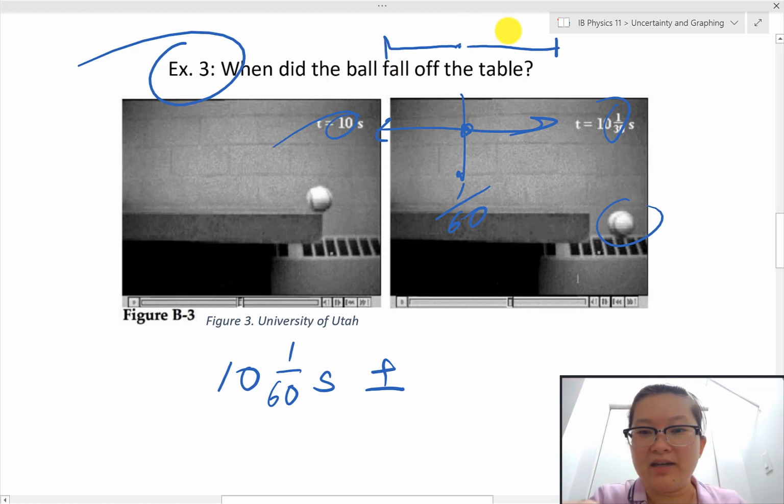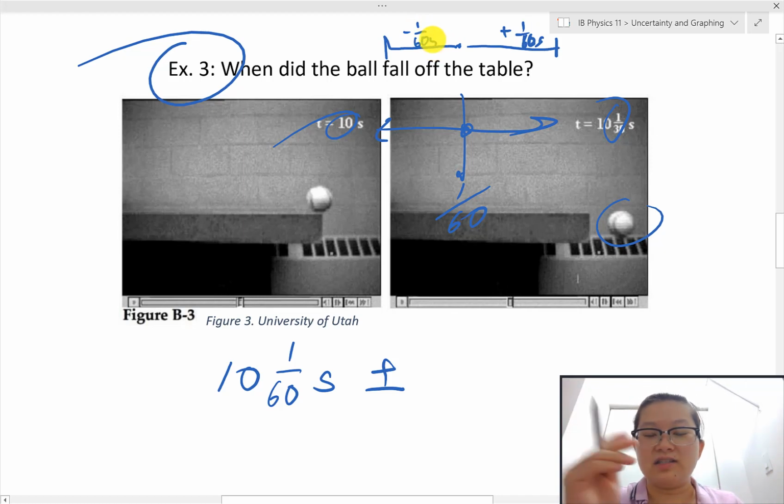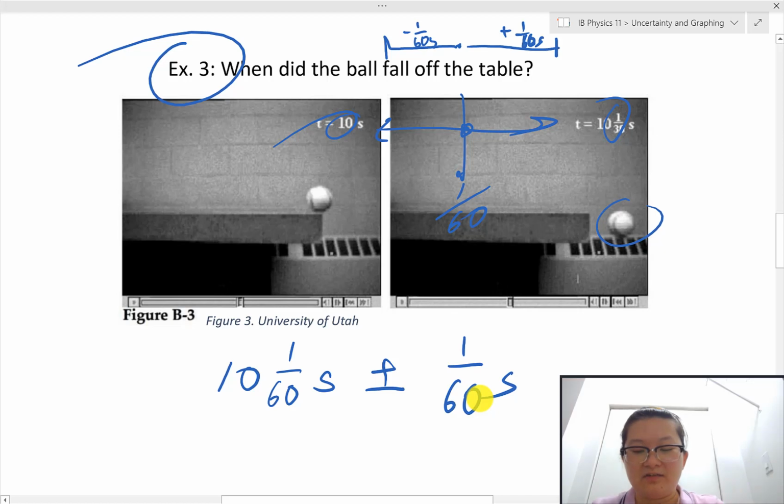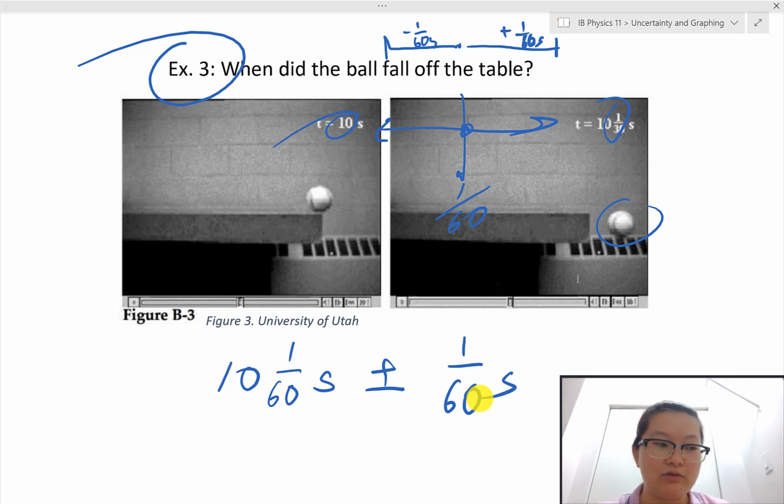So that plus minus would be plus 1/60th of a second here, and minus 1/60th of a second here, somewhere between that range. So this is going to be plus minus 1/60th of a second. Now I don't have significant figures here, but that's just the idea of how you would use uncertainties when you're dealing with time and using video tracking software.